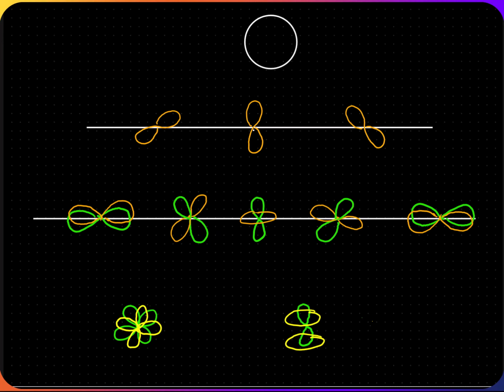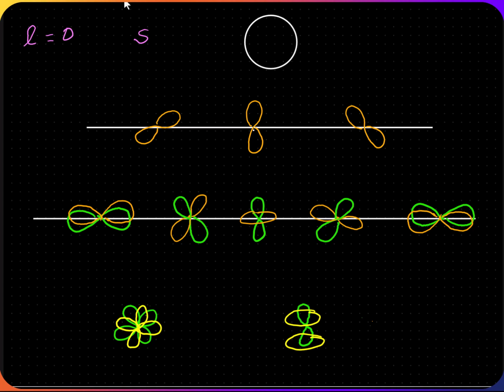From the previous slide, we know when L has a value of 0, its orbital shape is S, and the electron cloud looks like a sphere. Since we live in a 3D world, when I rotate the sphere, no matter how I rotate it, it's going to look the same. So it's only going to have one orientation in space.